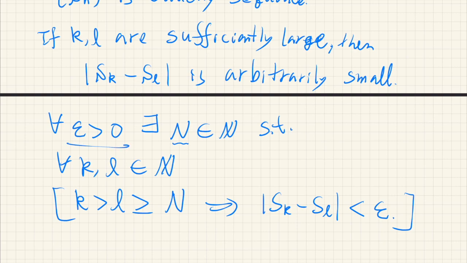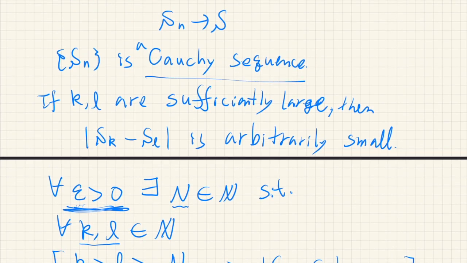Epsilon can be very small as long as it is positive. For any small epsilon, if we take large enough k and l, then the difference between Sk and Sl is less than epsilon. So this is the definition of a Cauchy sequence.